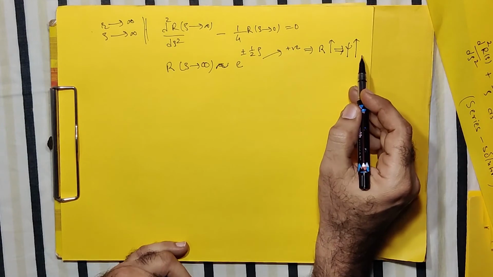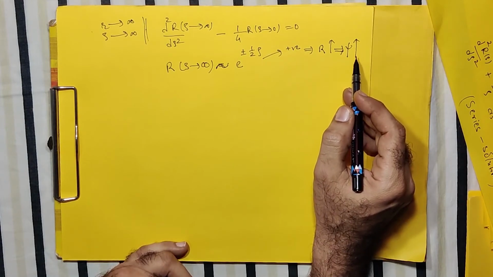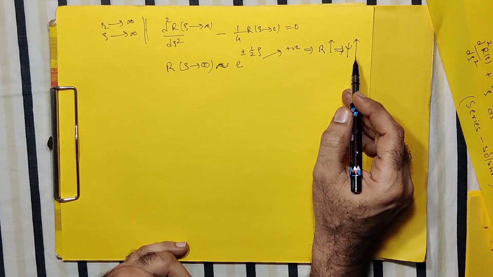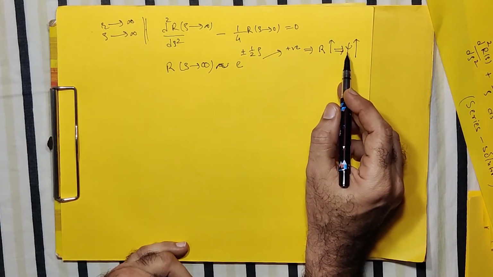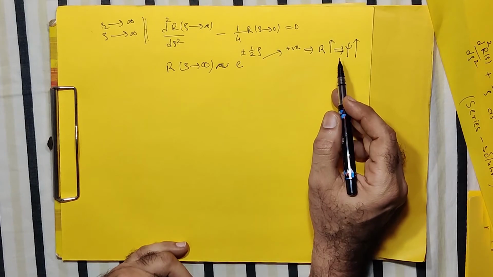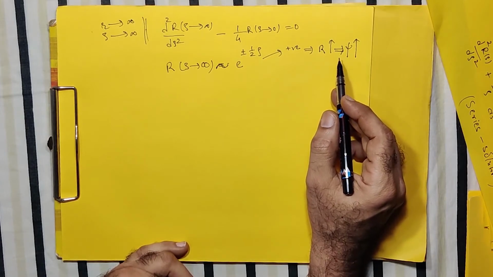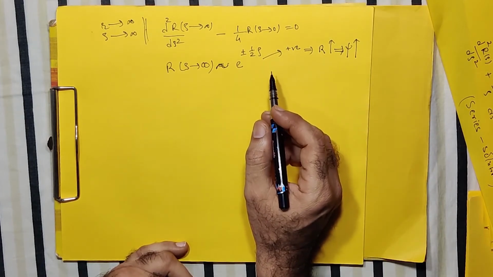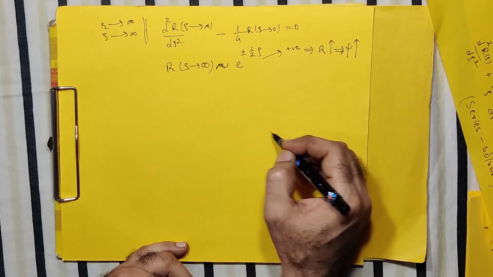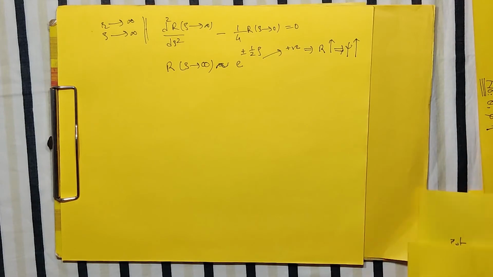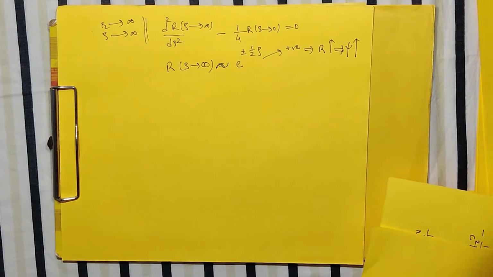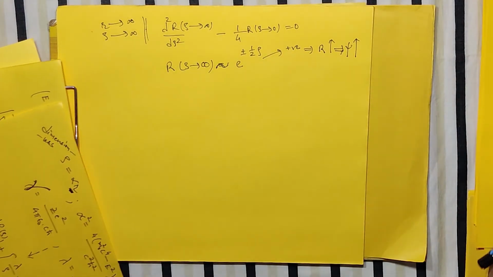And as psi increases, mod psi square, that is the probability of finding the particle at a large distance, increases, which is against our intuition. It is against our expectation, because we have considered that the particle which is under the action of, say, the Coulombian force must be close to the nucleus.